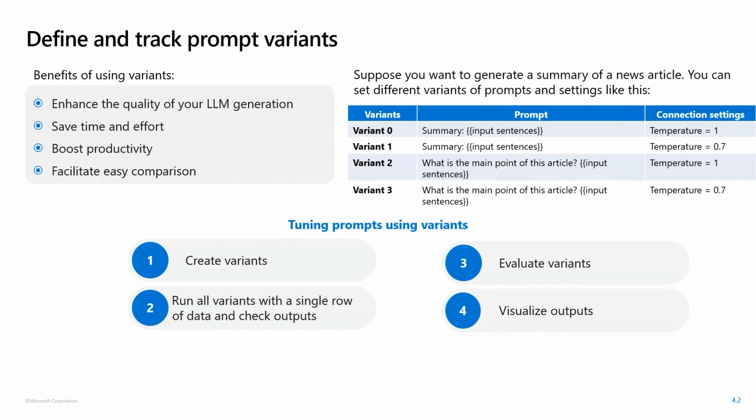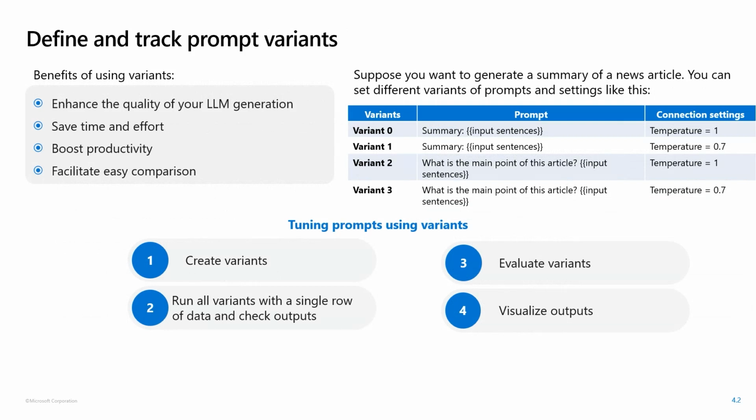Understand that creating variants helps enhance the quality of the AI model outputs by testing different prompt configurations. This saves time and boosts your productivity. It is important to allow easy comparisons to find the most effective variants. The steps to tune prompts are: create variants.